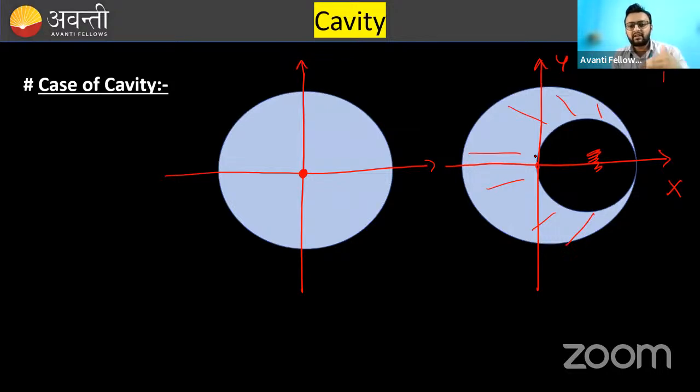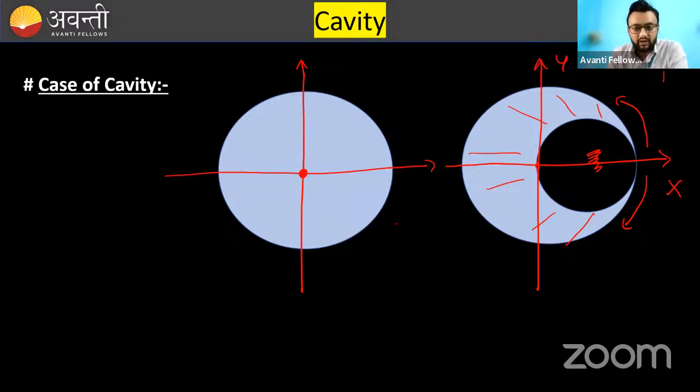Symmetrical means the mass distribution is the same about that axis. Can you notice that about the x-axis, the upside and the downside of the x-axis look the same? So there is a symmetry about the x-axis, and the center of mass will also lie on the x-axis only. This is the first thing that you need to know.